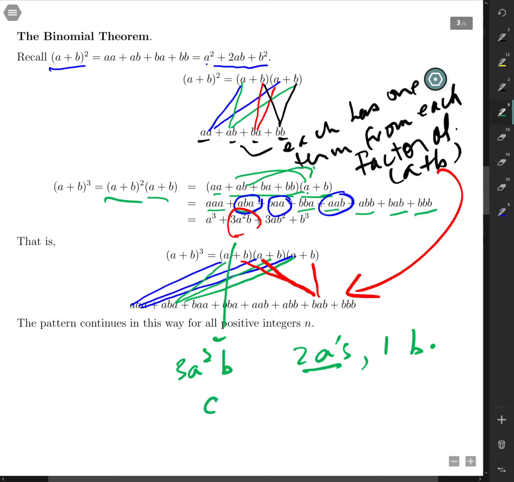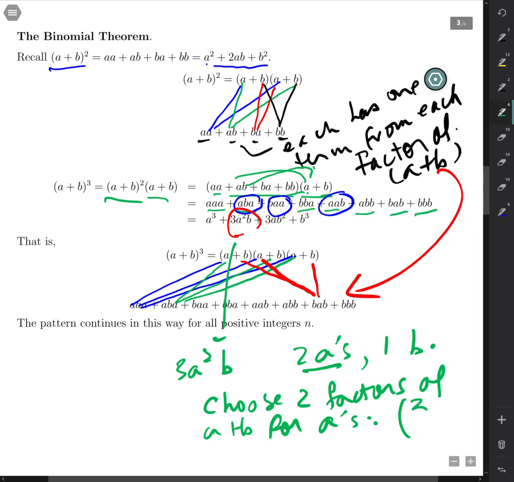Well, we choose 2 factors of a plus b for a's, and the other one gives a b, and so there are 3 choose 2 ways to do that. And that's why we have the 3 there. That's why we got 3 terms of that sort that have 2 a's right there and 1 b.